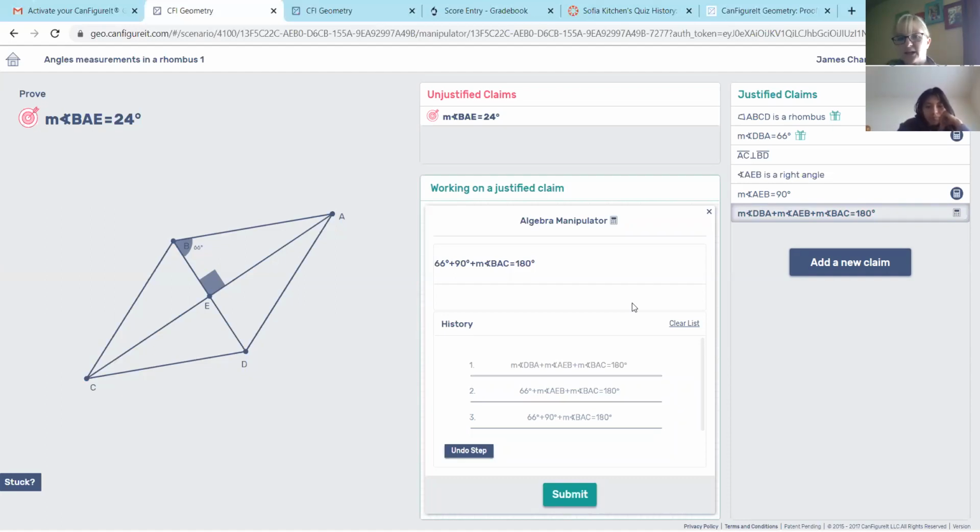It doesn't let us type in what it should say, but it will simplify it if we ask it to. The way we ask is we hover over these and click on it, and it will simplify that for us. Then what would you do if you were doing this by hand on paper? What would you do right now to get to this final answer?